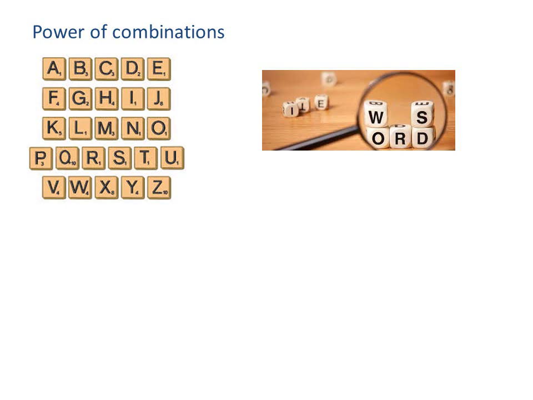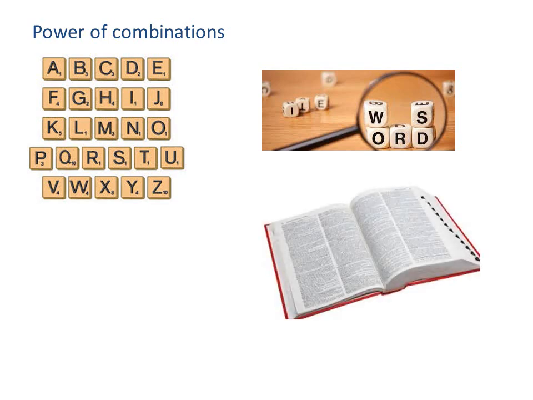Just a little question for you, if you're listening and paying attention and liking this. Just have a wild guess. How many words can you create with 26 letters? And of course, there are some rules of combinations.